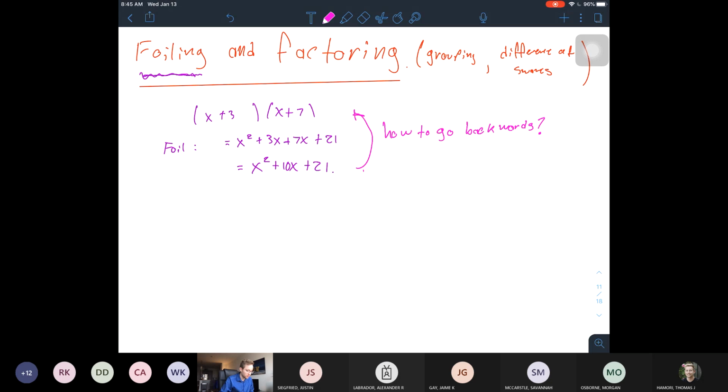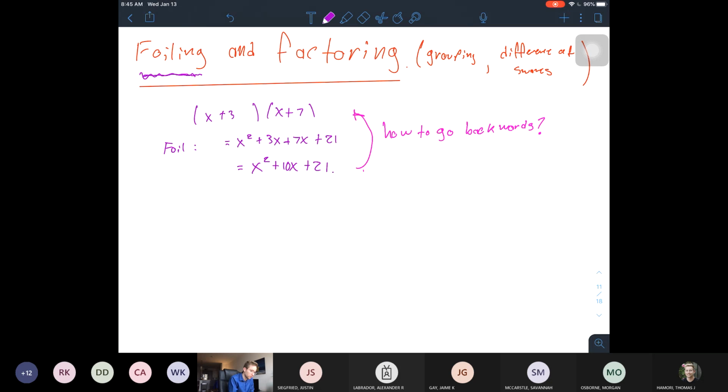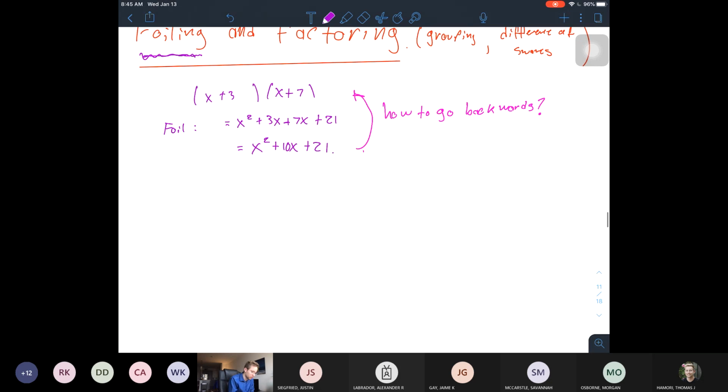I'll show you the quick way that I like to do it with nice quadratics, if the leading term has coefficient 1. This is how I like to do it.